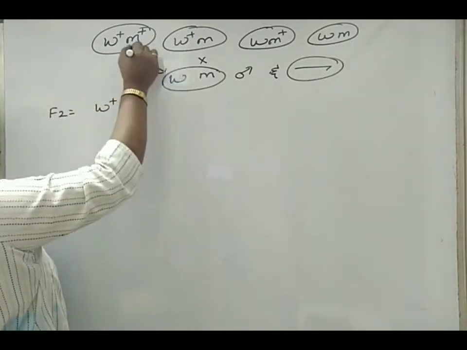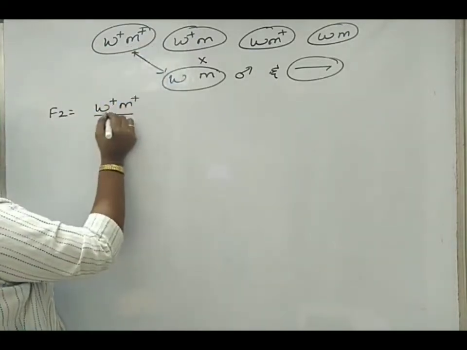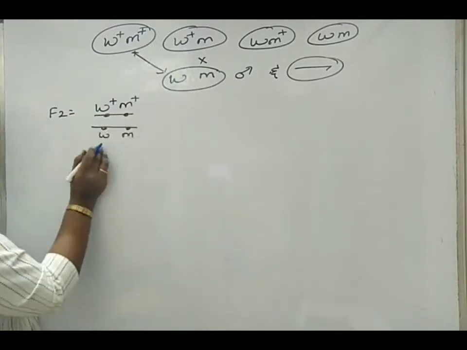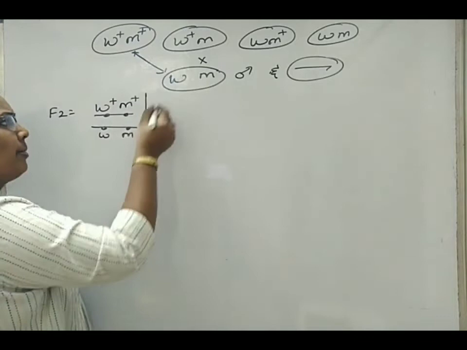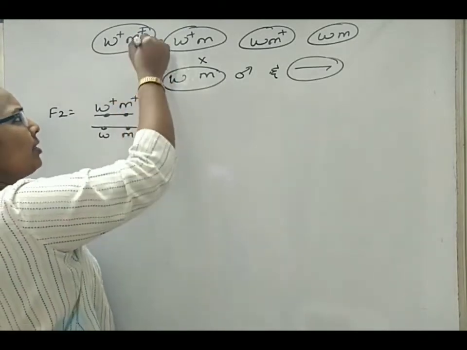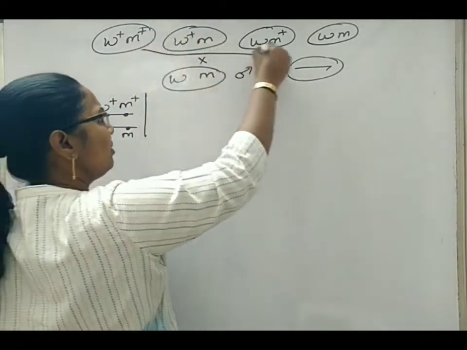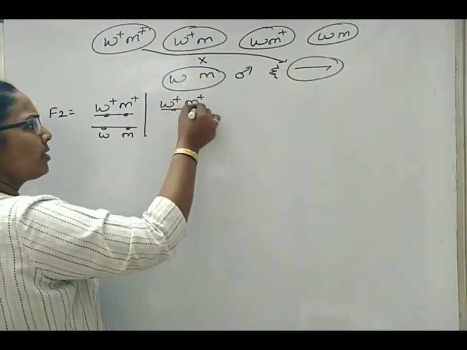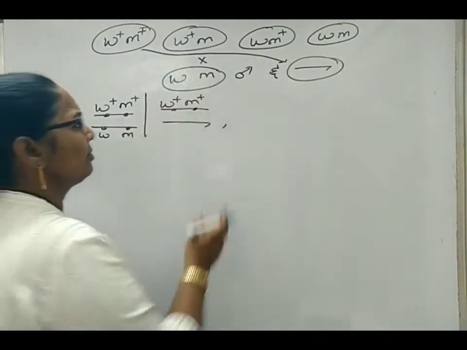When we cross these both, X chromosome of female, X chromosome of male, this is considered as heterozygous female. Next, let's cross this one with Y chromosome. So 2 dominant alleles of X chromosome cross with male.